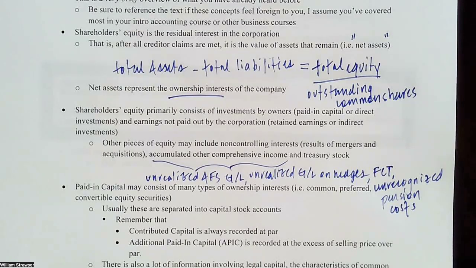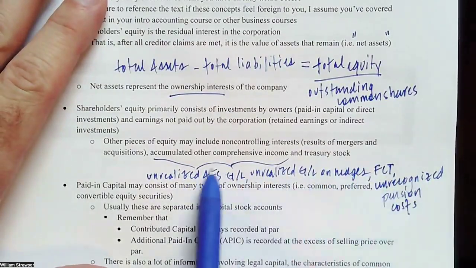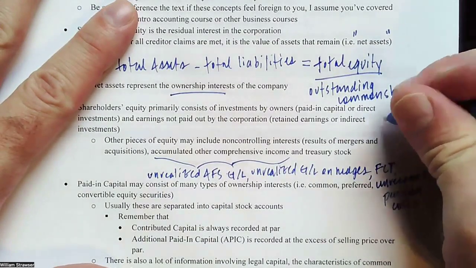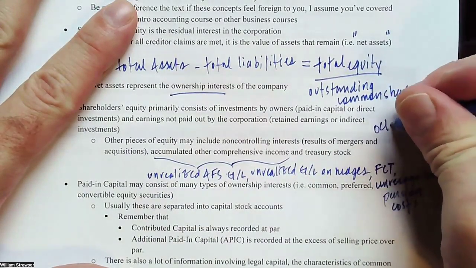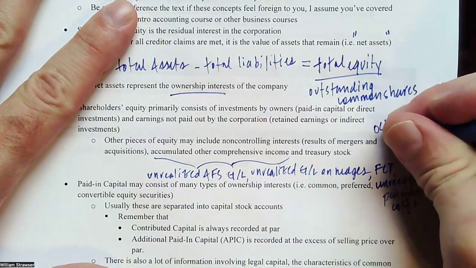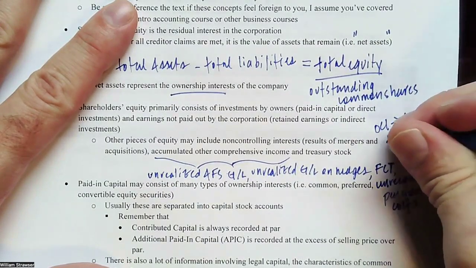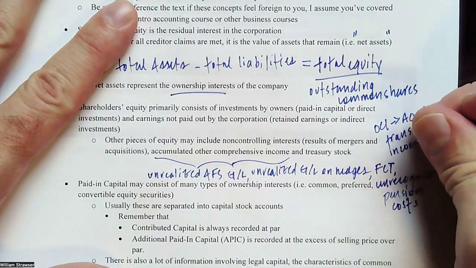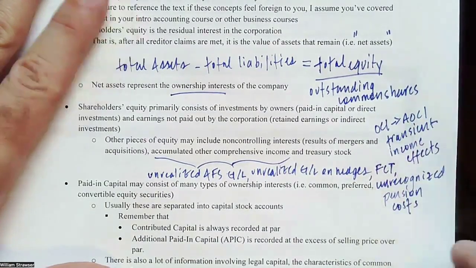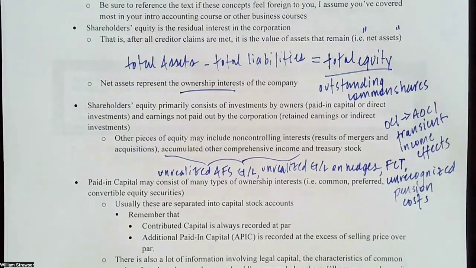And also recall that the reason we put these in particular in OCI, and therefore AOCI, is because they are transient income effects. If they're gains this period, well, that's great, but that doesn't really tell us anything about what's going to happen in the next period.